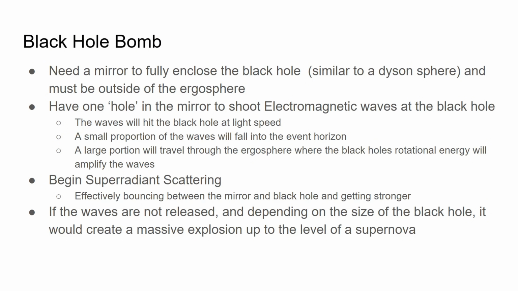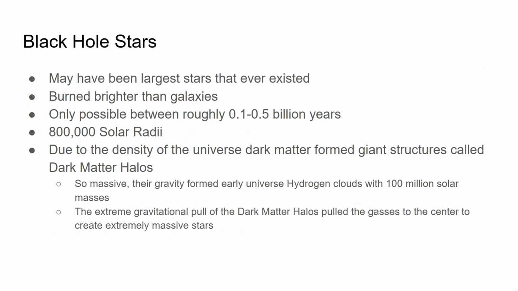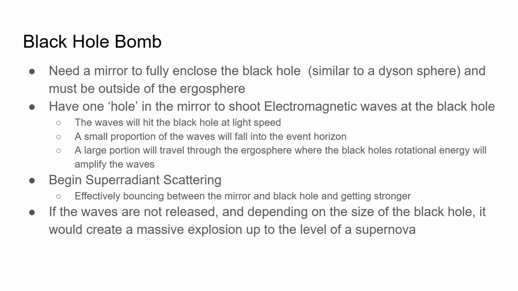But if you were to not open up the windows and let the light escape, this could create a black hole bomb, which essentially means the heat and energy from all the waves would supernova, similar to a star, because the pressure is so much. A supernova is essentially the biggest explosion you can create in the universe, so this would be a possible way to create one.